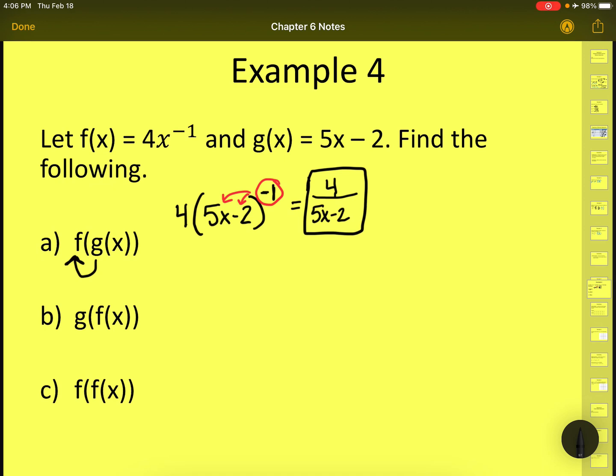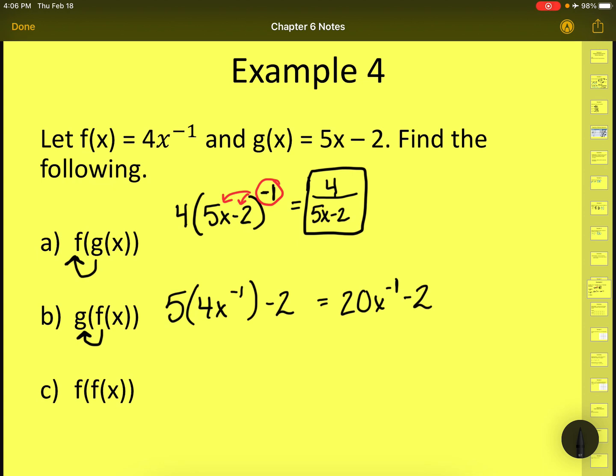B says, okay, now take f and plug it into g. So g starts out with 5, and instead of the x value, I'm taking function f and plugging it in. And don't forget to subtract that 2. It was part of function g. Now we're going to multiply. 5 times 4 is just 20. And we had an x to the negative 1 power minus 2.